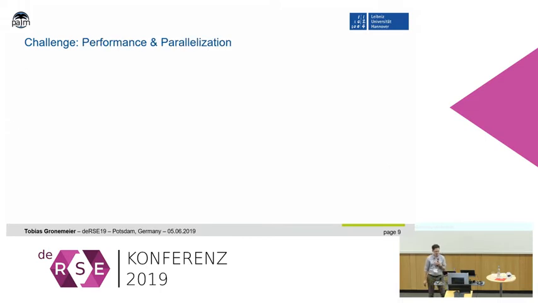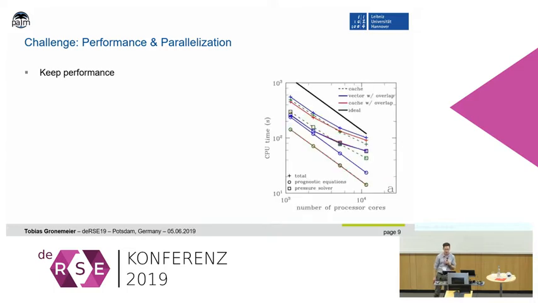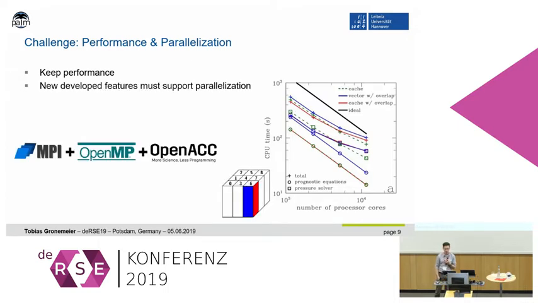And this now brings me to the next challenge, the performance and the parallelization of this very large code base. We already have a good performance, but when we implement more features, we have to keep this performance. To do this, the newly developed features must support parallelization.